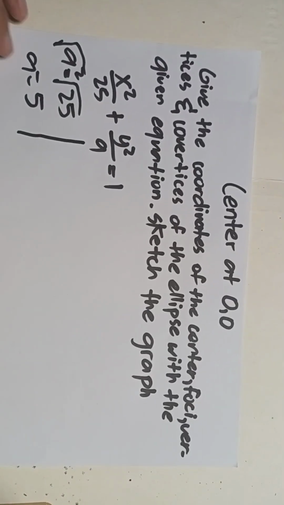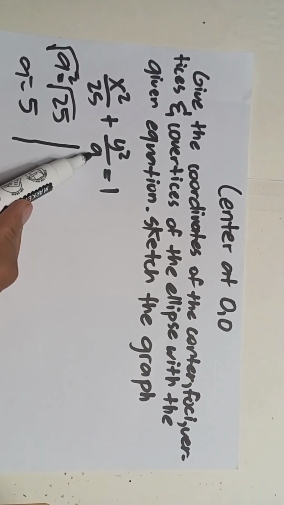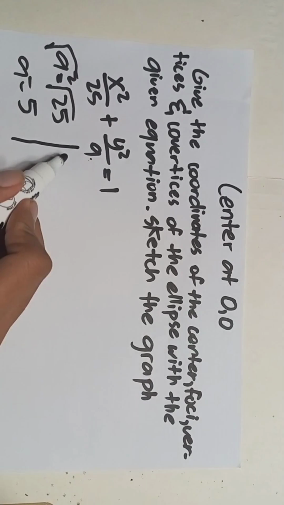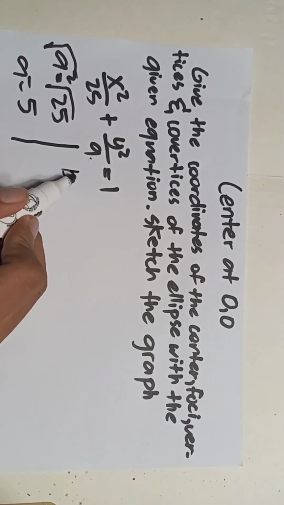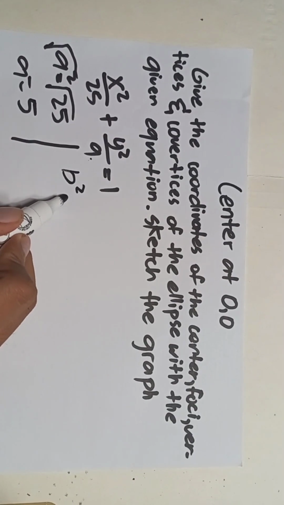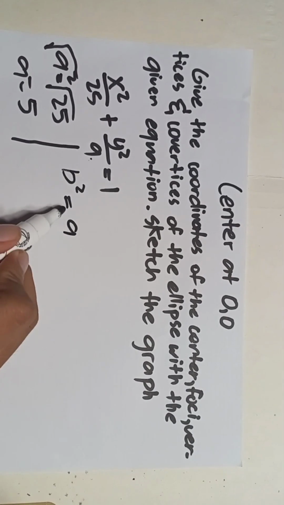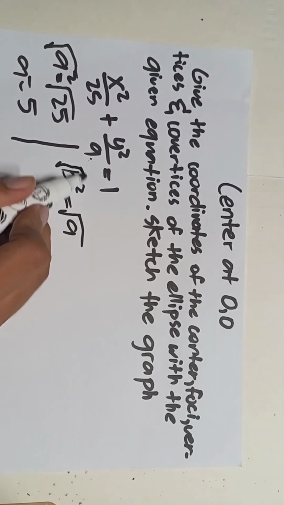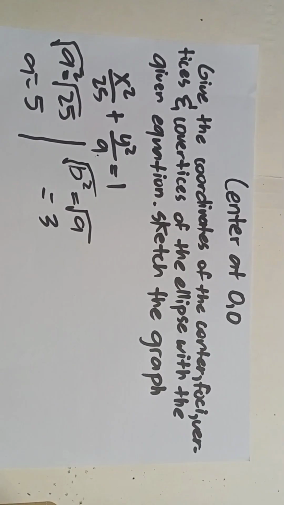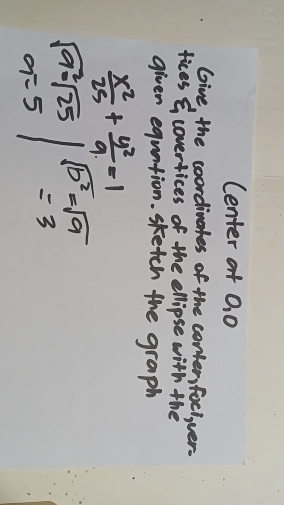Now we are going to find b. Our b squared is 9, so b squared equals 9, and the square root of 9 is 3. So that's our a and b.